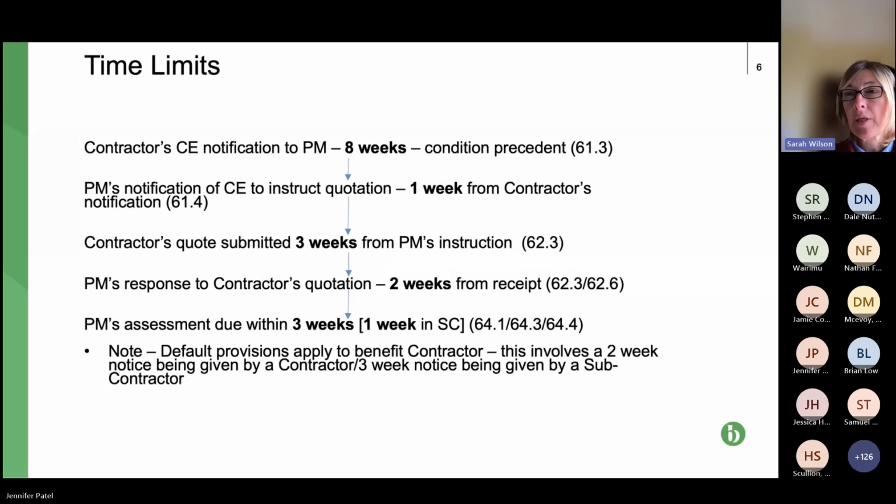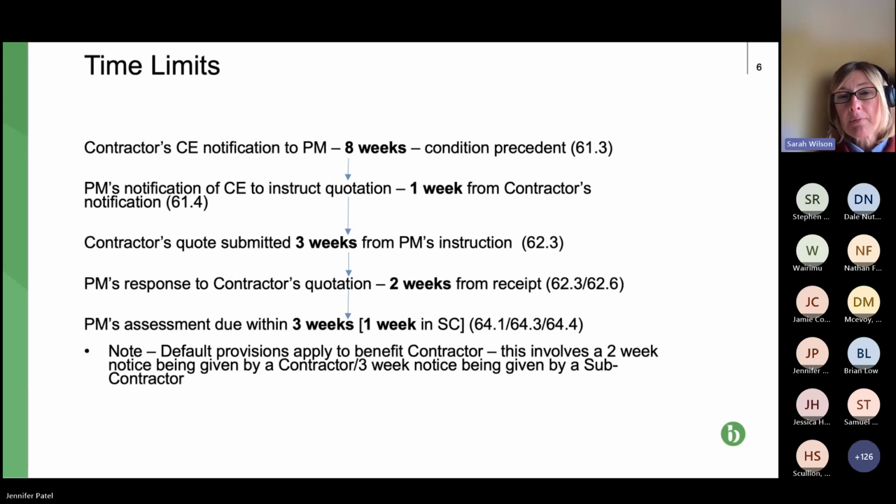And I've said it's a condition precedent, which is basically legal speak for saying it's a killer clause. Basically, if the contractor fails to notify within that time scale, then it's still got to do the work, but doesn't have any entitlement to any extra time or any extra money. That's why I say it's a killer clause, because the contractor loses its entitlement to any remedy just for not notifying it.